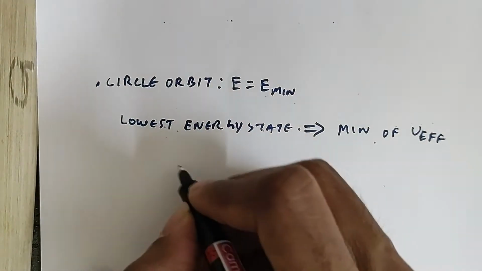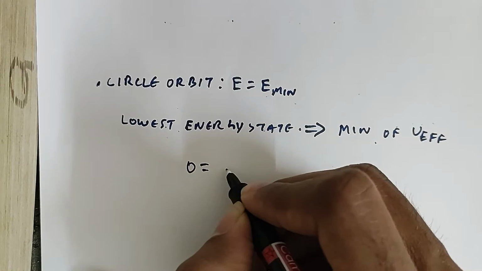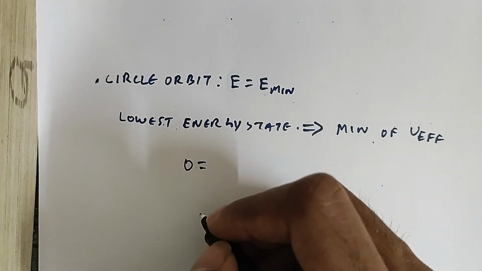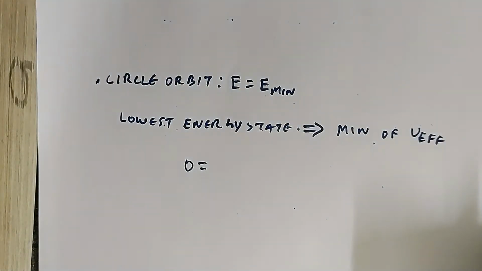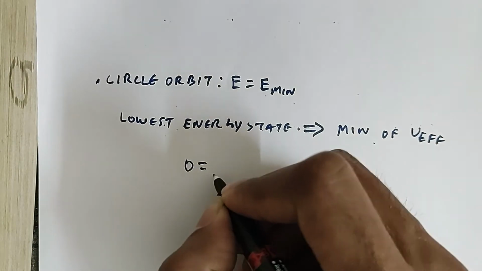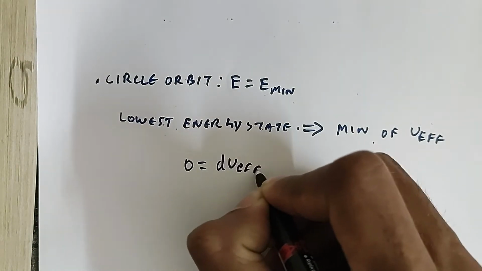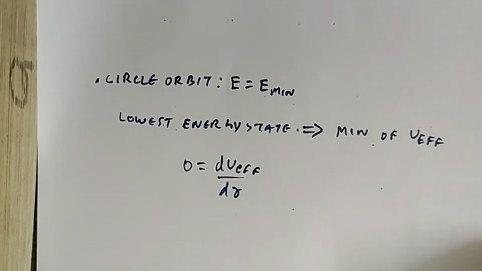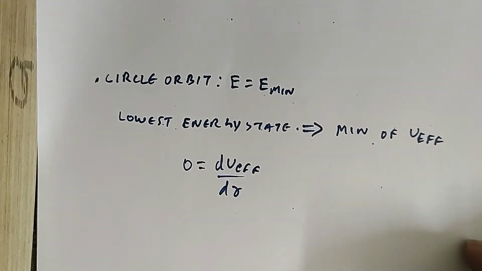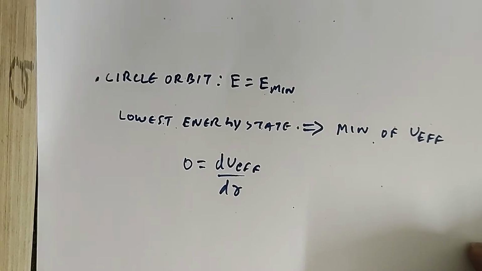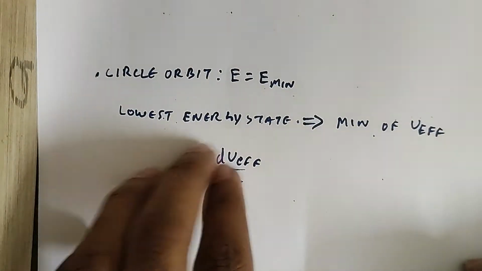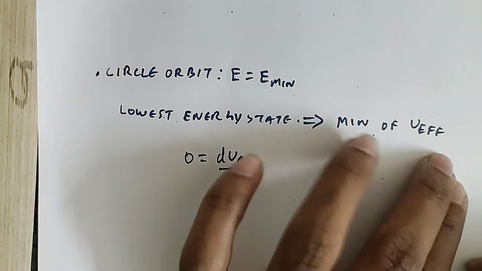So the lowest energy state for us can be imaginable, but when we say so, we try to keep this differential equation intact. Earlier I defined the effective force to be equal to the summation of the centrifugal force and the gravity. Now I am saying that the lowest energy state corresponds to minimum potential energy.